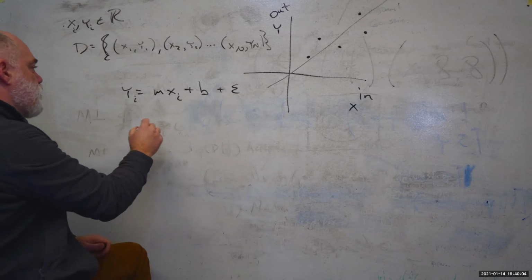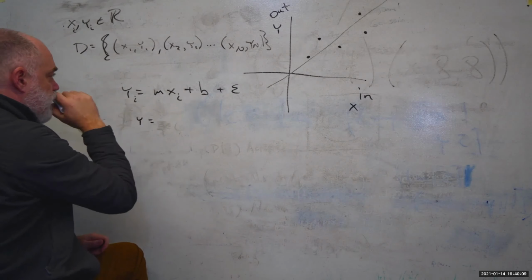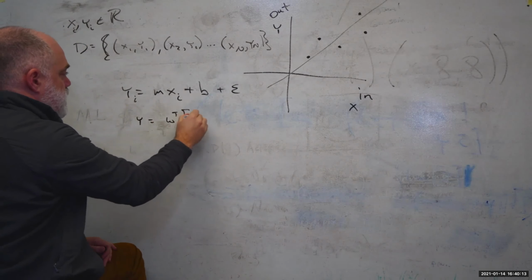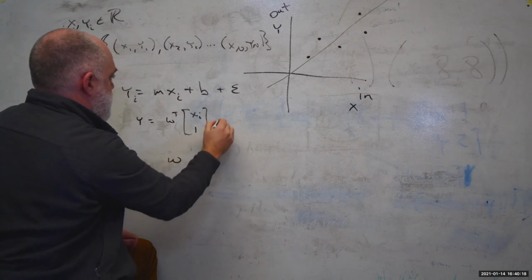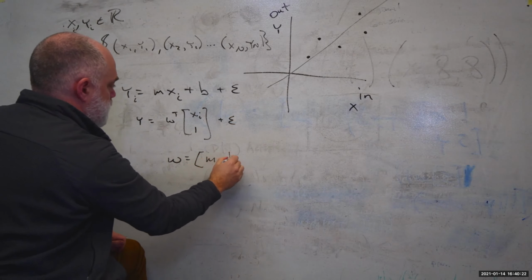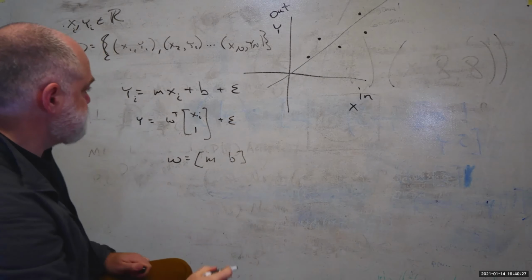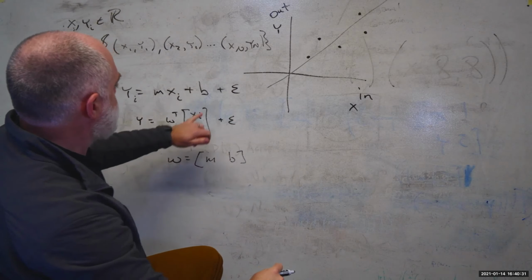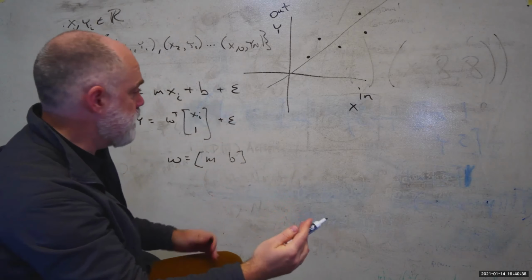So now we can maybe generate our data if we can generate all this sort of stuff. And I think all of you have seen this trick before, where we will have W transpose (xi, 1), and W is just going to be (m, b), okay? So now we have a vector, right? That's fine. Cool. So we almost have a generative model for our data, which will allow us to do inference, right?